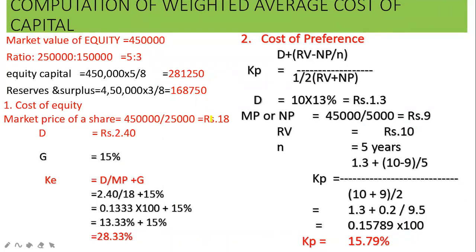When you divide this you will get rupees 18 as the market price per share. Now apply all these values in the formula. You will arrive at the figure of 28.33% as the cost of equity.